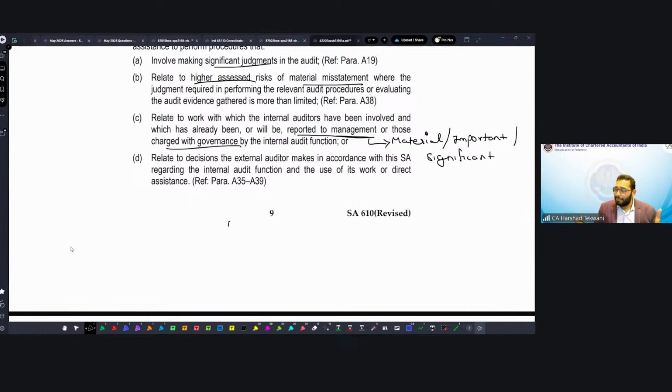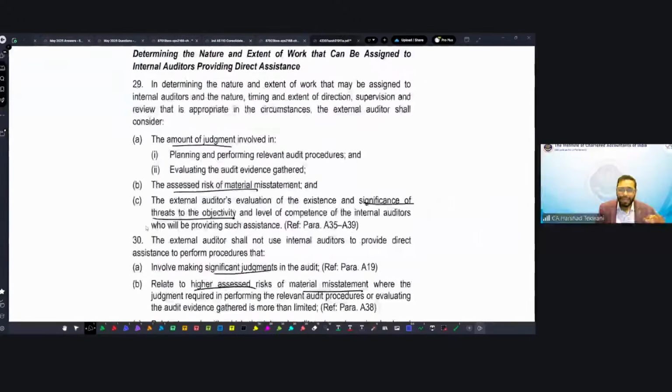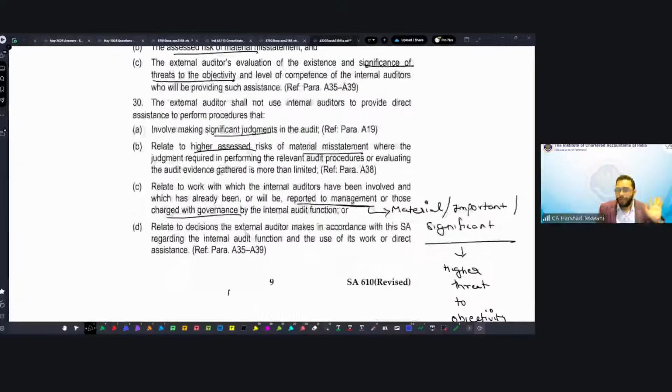Now, if I ask him to do the testing on the significant area that he has done earlier and which will be reported to management, that will create higher threat to objectivity. In that case, I should not have the internal auditor perform that particular task. That is the scenario.